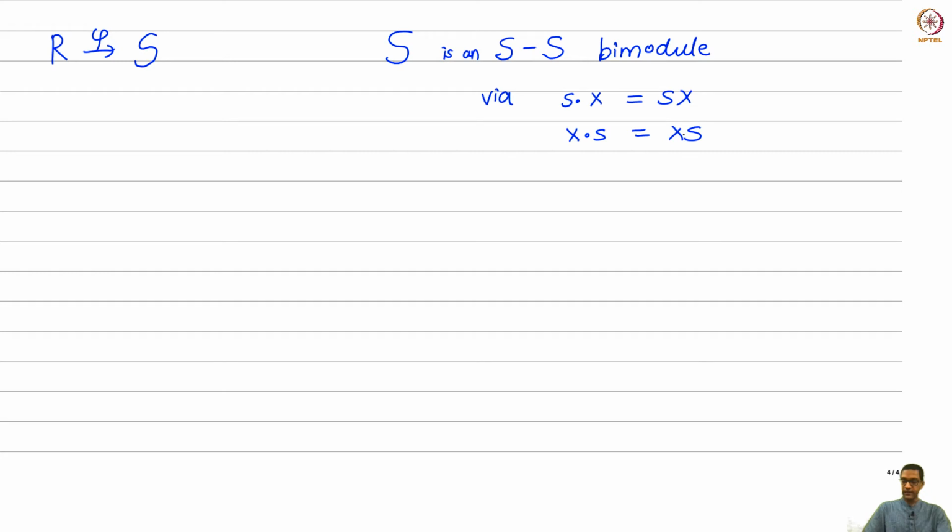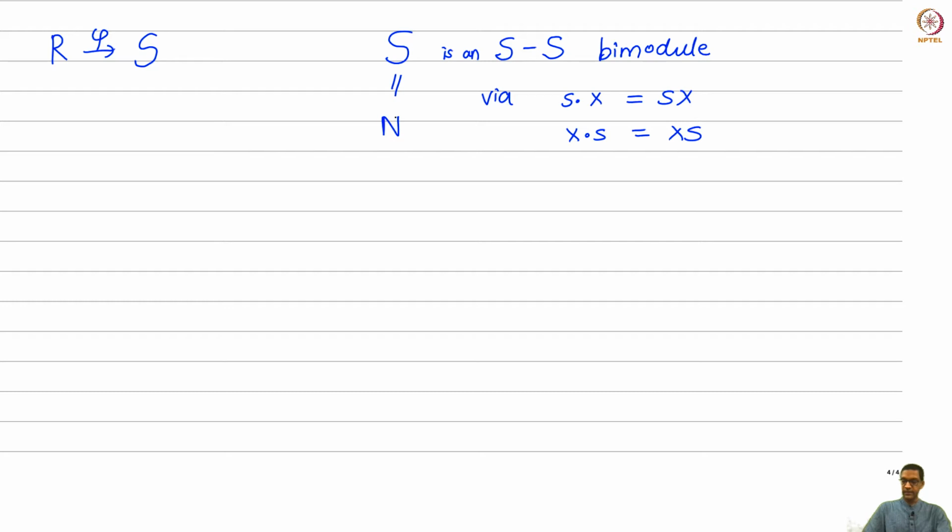Okay, now the point is, remember, we know how to do restriction of scalars. So imagine this is like your module N, right? N is a left S module. It's also a right S module. Okay. Now, what I do is I do restriction of scalars to this.